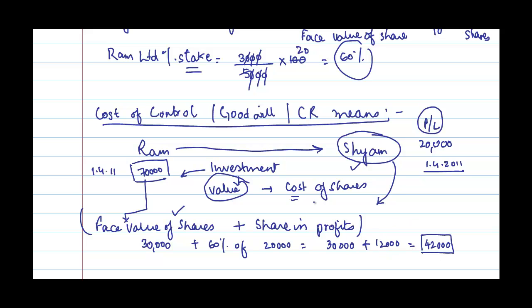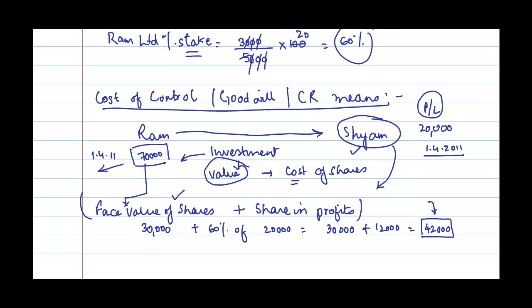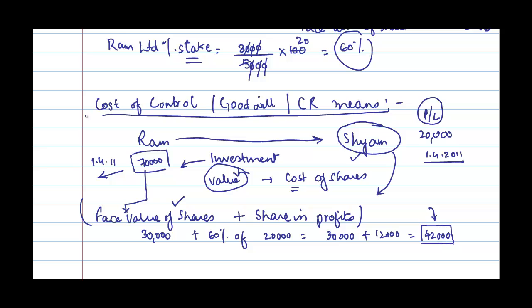Now let's say you invested 70,000 rupees, but what you got was only 42,000. So what has happened is you've paid more, but you've got a lesser value. So the difference is the amount paid minus value received.